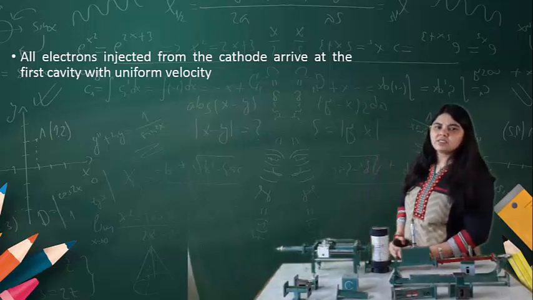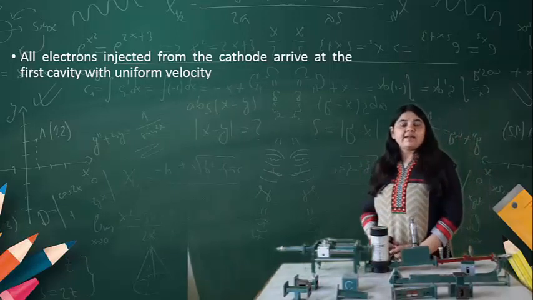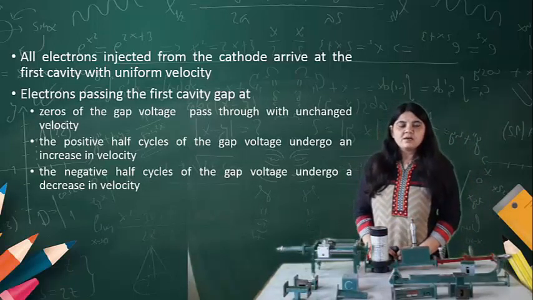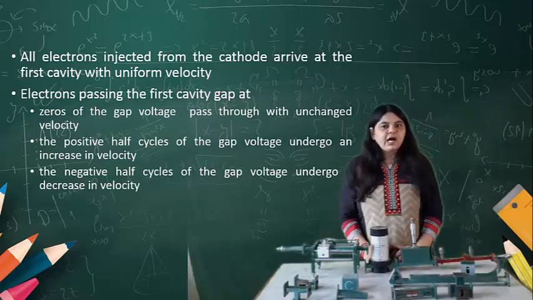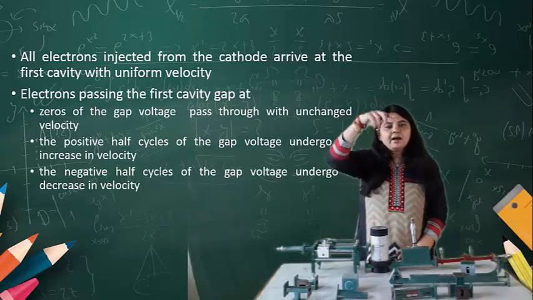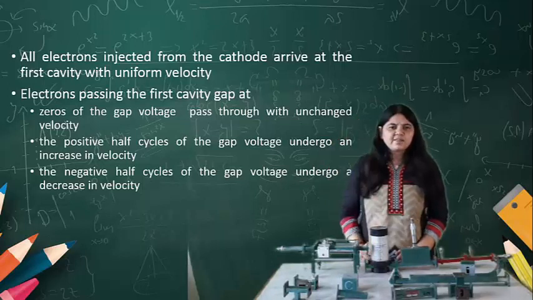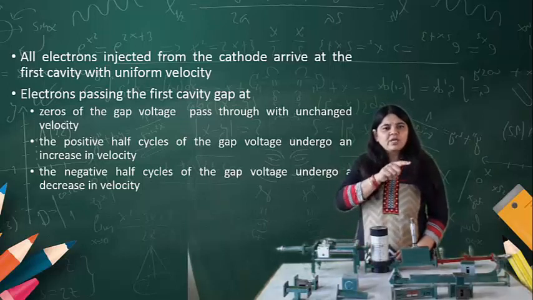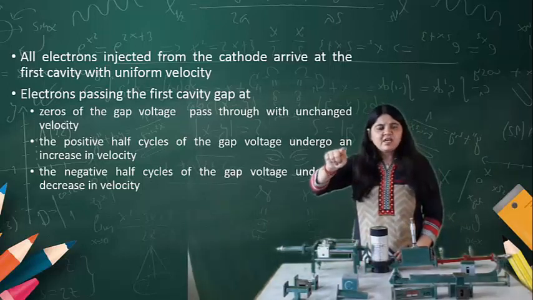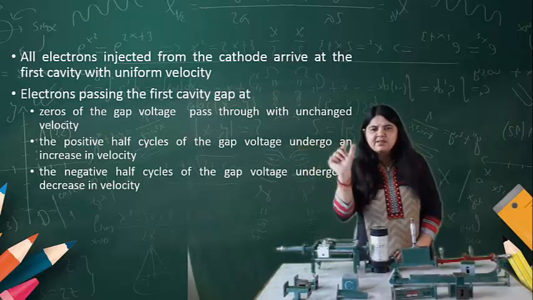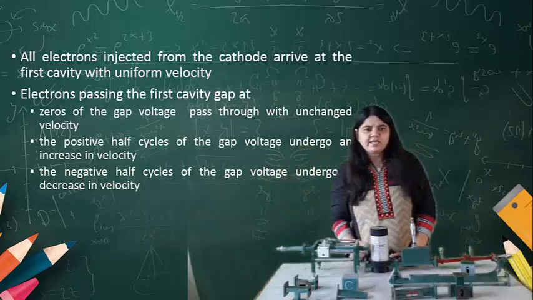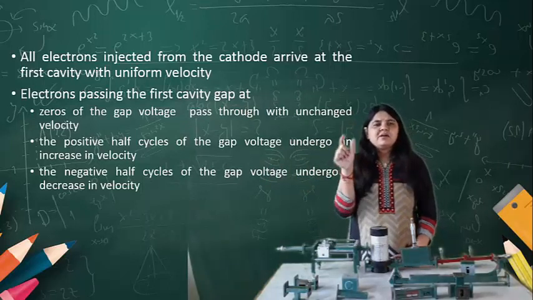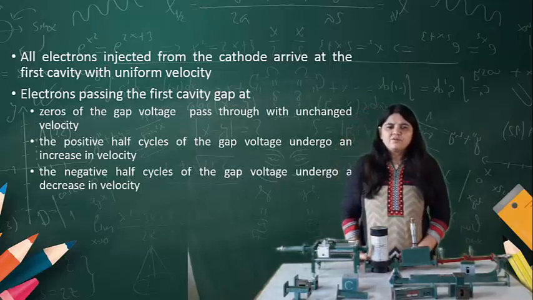All electrons injected from the cathode arrive at the first cavity with uniform velocity. You will see the structure, and from that you can get an idea of the tubes. If a multi-cavity is there, then first cavity, second cavity, third cavity. Very first, they arrive together at the first cavity with uniform velocity.